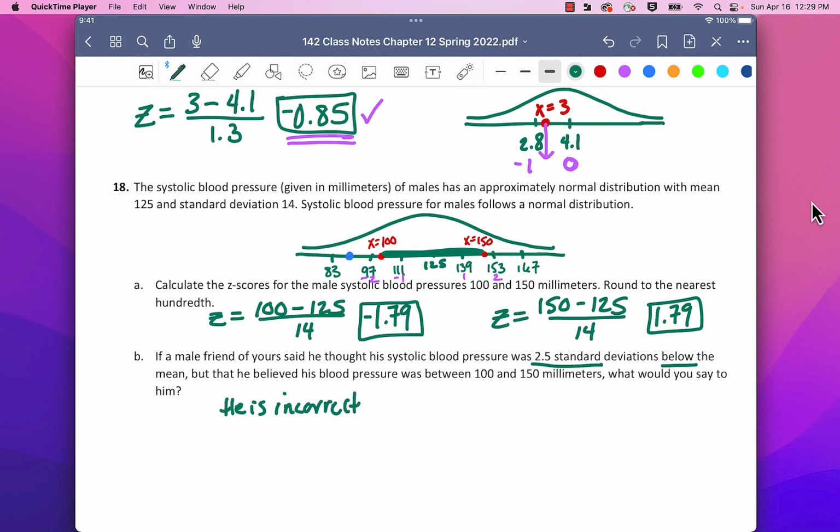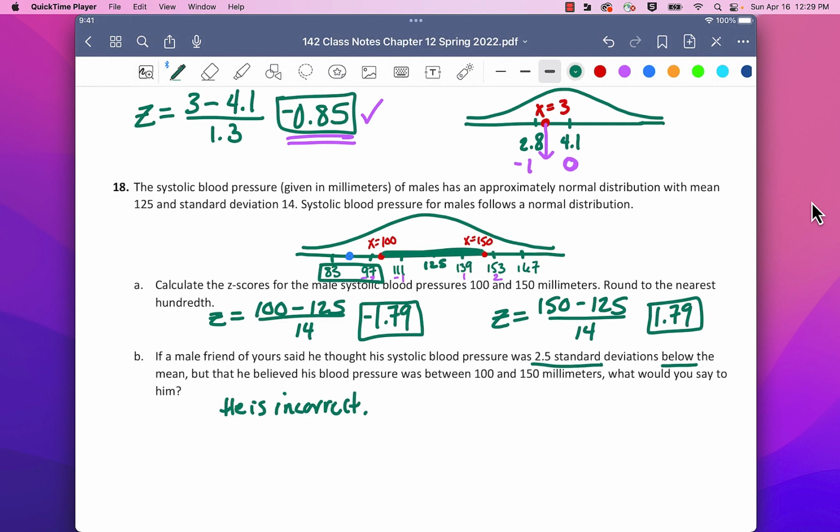Now, mathematically, you might be asked, how do you know? Why are you telling me that? That's where you could use your data to back it up. If your blood pressure is 2.5 standard deviations below the mean, you could say it has to be between 83 and 97.